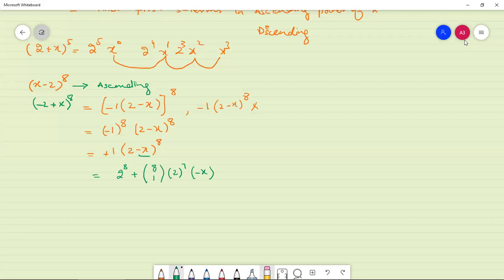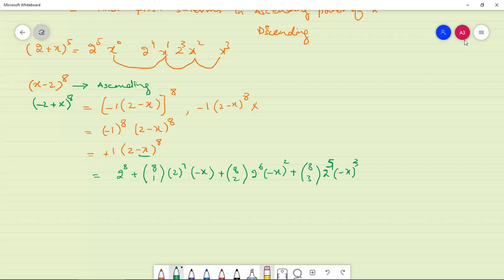Then 8c2, 2 power 6, and this negative x will become squared, and then 8c3, 2 power 5, and this x is cubed.